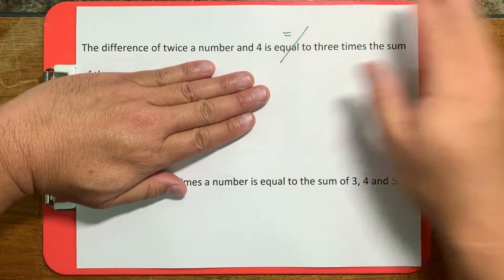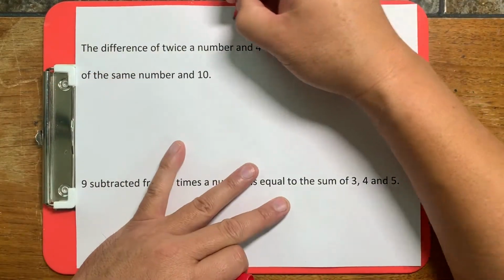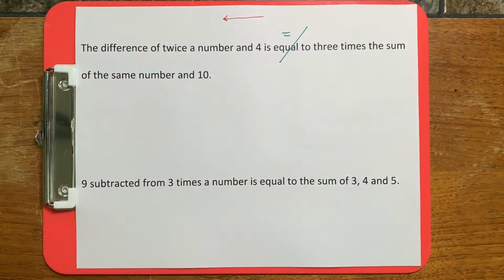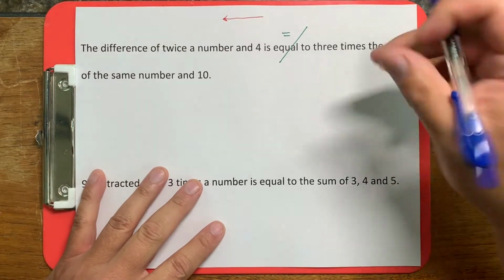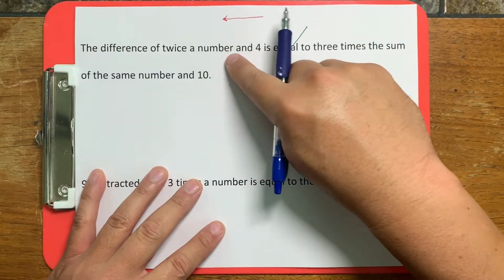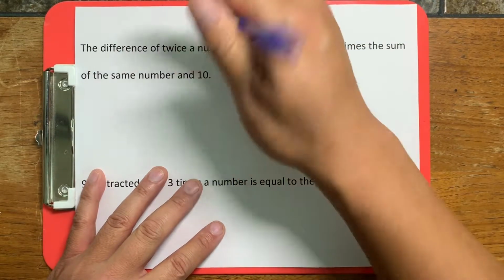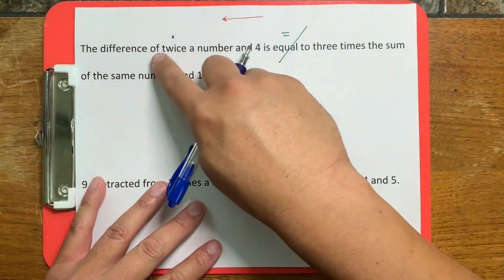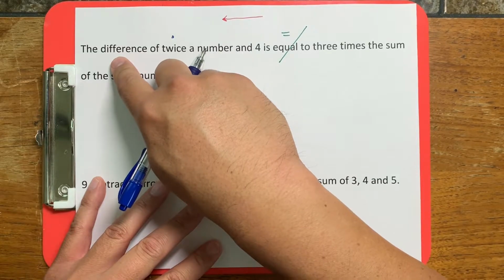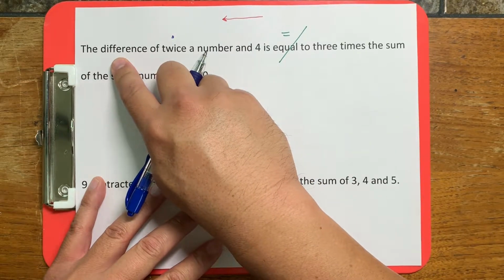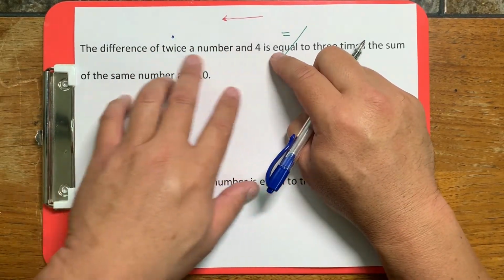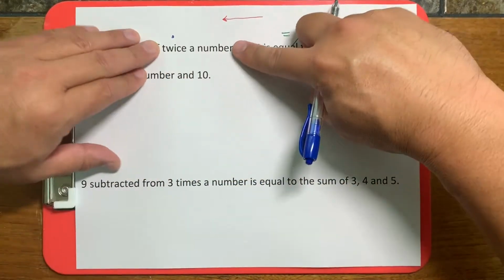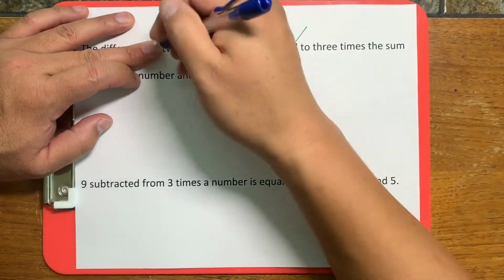Okay. Now, when I go backwards, I want to look for my operators. 4 and a number, twice. Okay, I know what that is. Twice is times. And then I have difference, subtraction. So the first thing I want to do is twice a number.